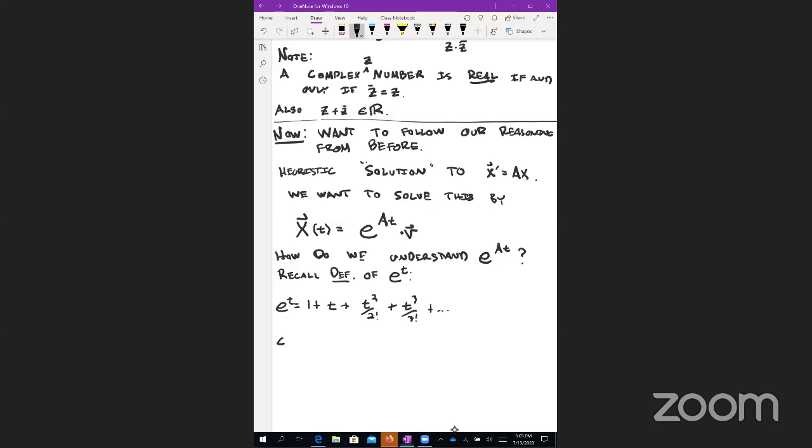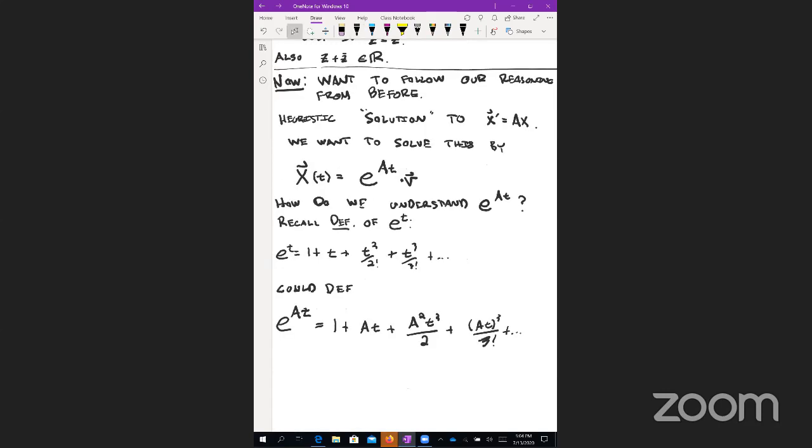So we could define e to the at as 1 plus at plus a squared t squared over 2 plus a cubed t cubed over 3 factorial, etc. And lo and behold, this actually behaves exactly how we'd want it to.